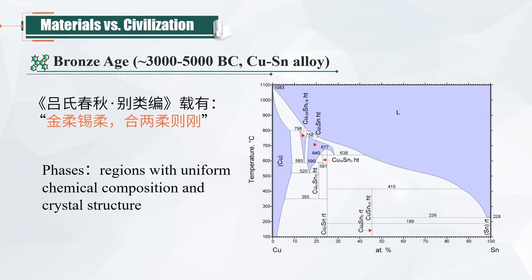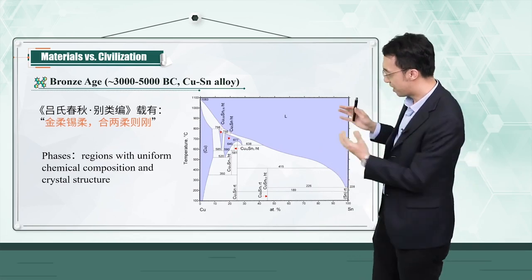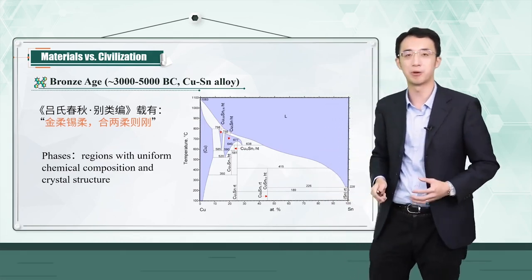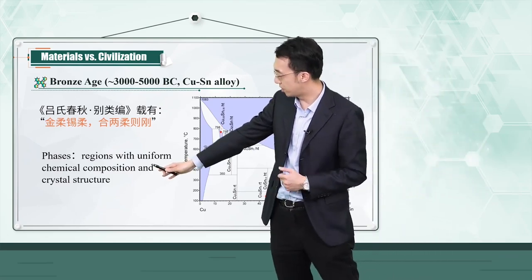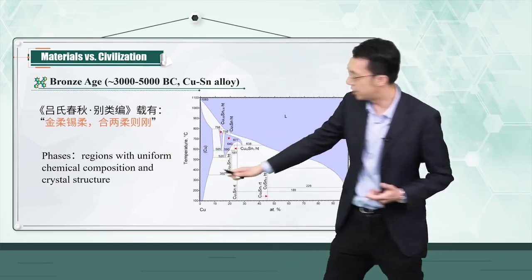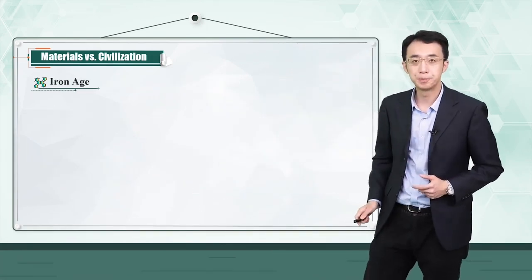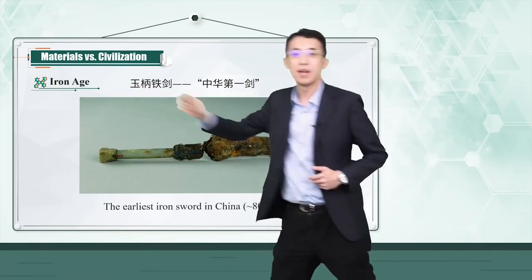Even in very ancient Chinese classics, there are qualitative guidelines on how to make this copper-tin alloy, for example what is shown here, which corresponds to this complex copper-tin temperature-composition phase diagram. Just for your information, which we will explain in more detail in the future, a phase means a region with a uniform chemical composition and crystal structure.